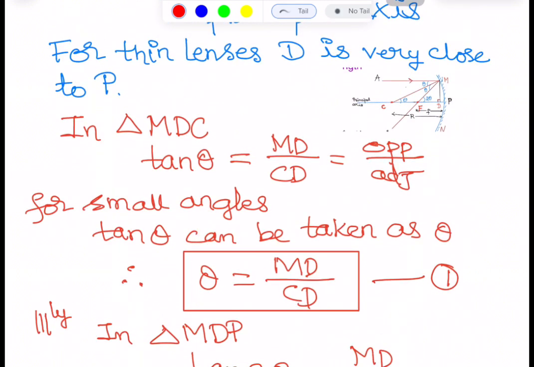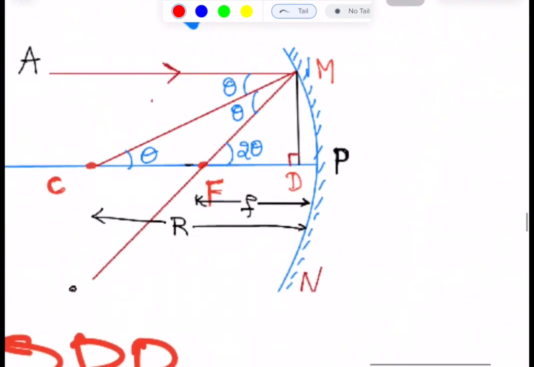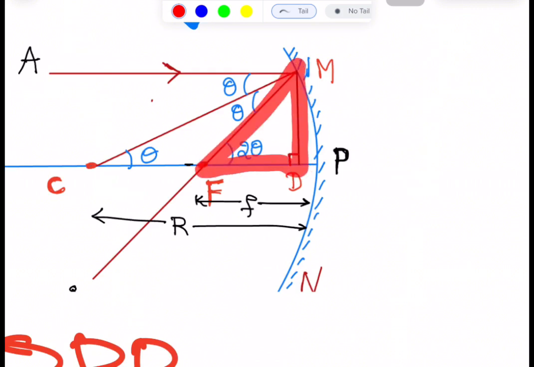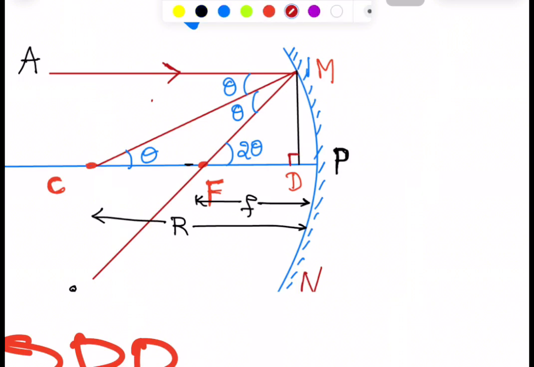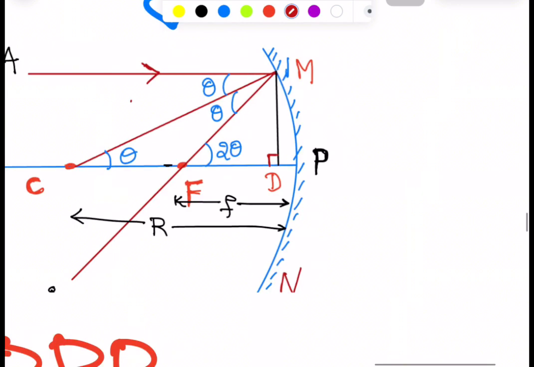Similarly, in this triangle MDF, tan 2 theta can be written as opposite side MD divided by adjacent side FD.